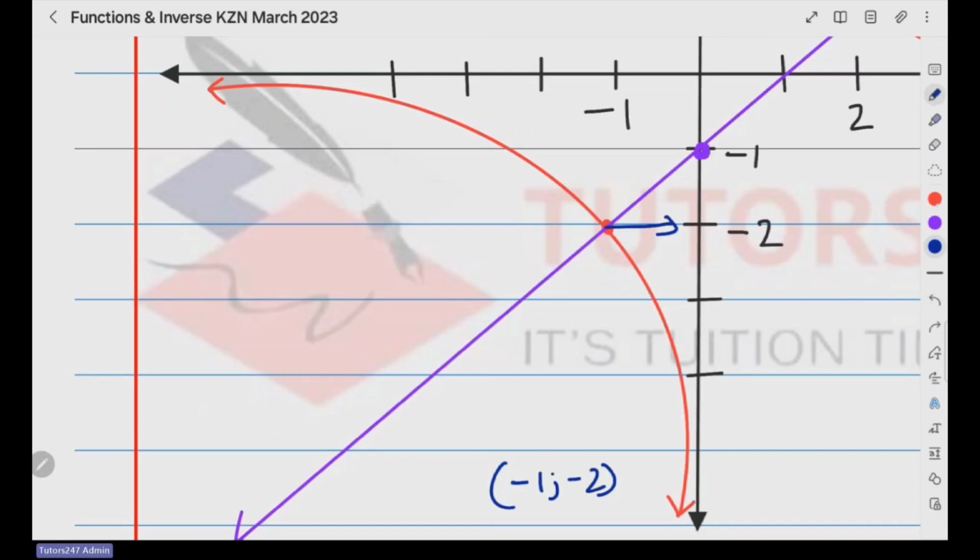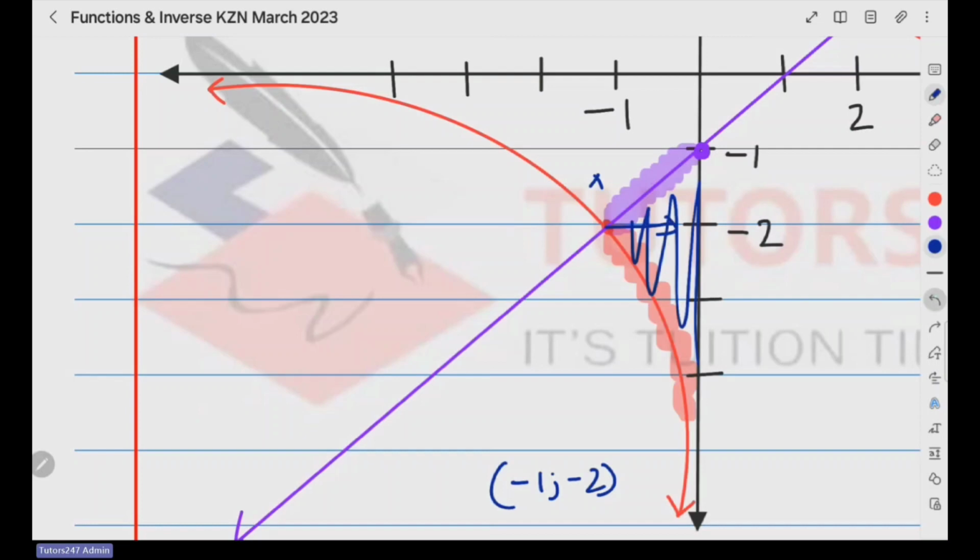You can see that because the purple function is up here, whereas the red function is down here. So there's all of this space in between. So when you move to the right of that point of intersection, take note this is that x is equal to -1. So when you move to the right of it, the red function is below.